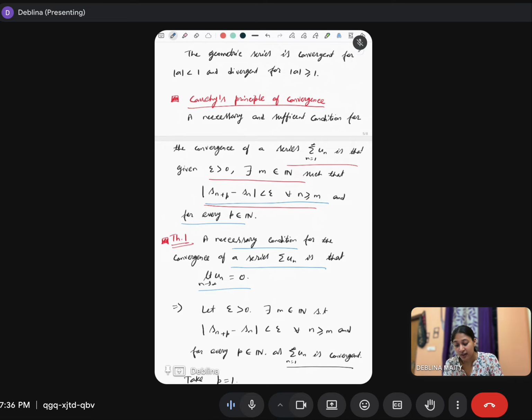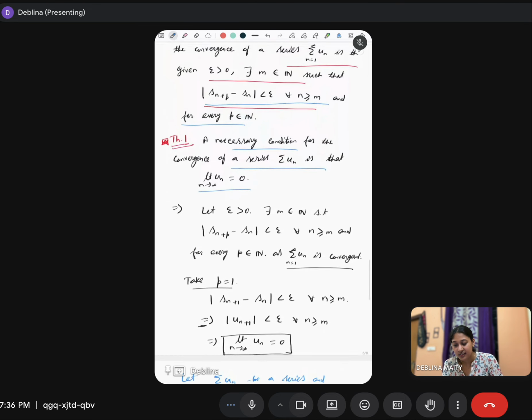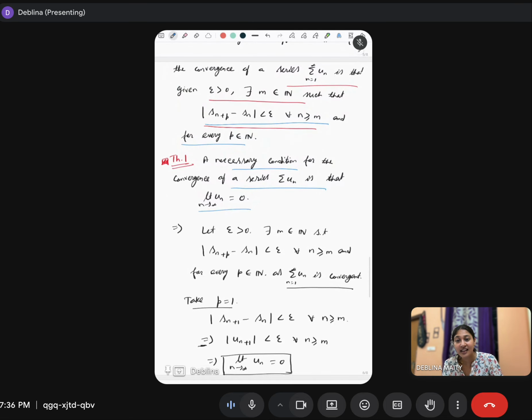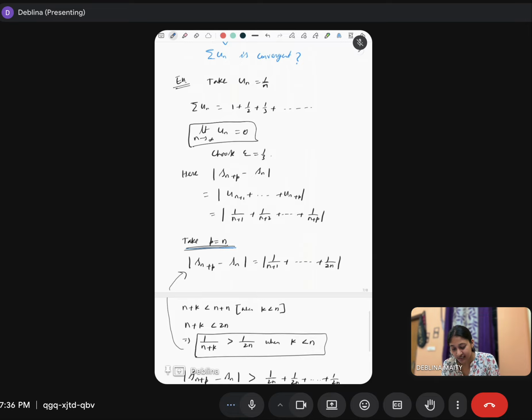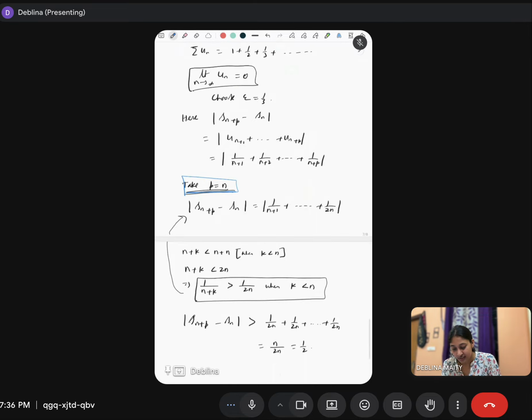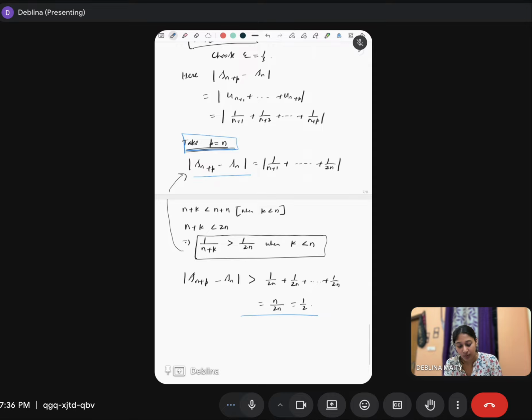Now we have found a p, which is n, for which this difference S_{n+p} minus S_n is greater than half, which is greater than 1 by 3.